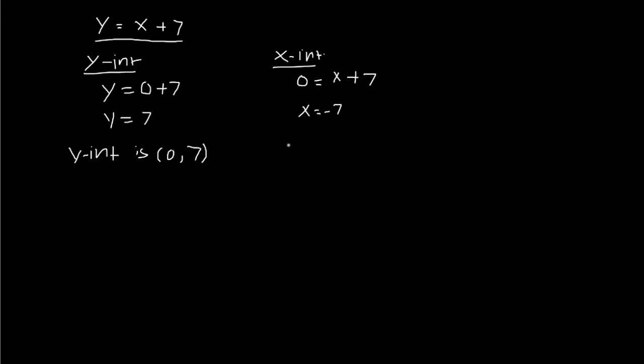So the x-intercept equals negative 7, 0. So the y and x intercepts are 0, 7 and -7, 0 respectively. Okay, let me explain another example.